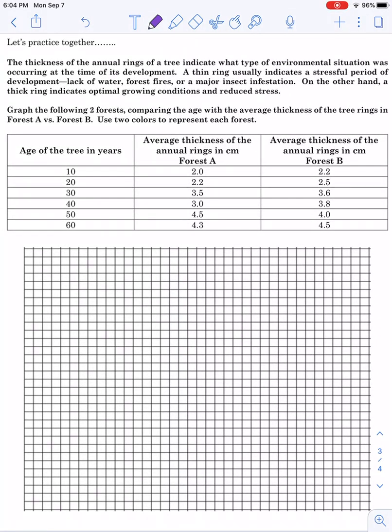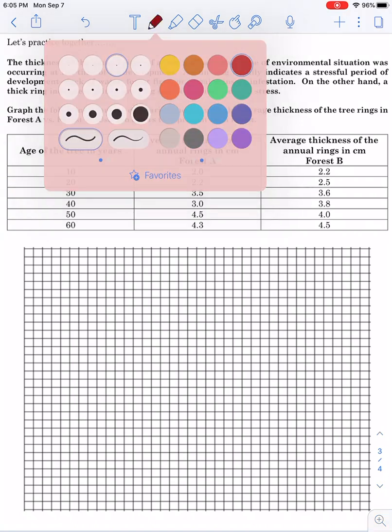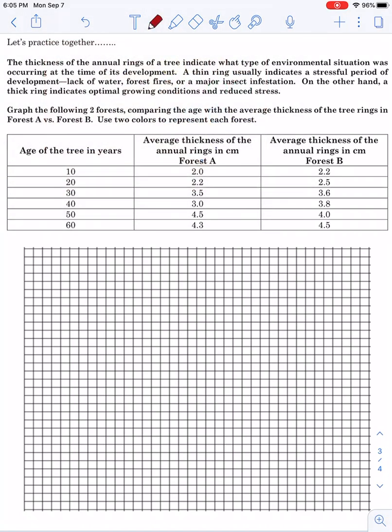Here's a problem, and actually it's two graphs, but I'll come back to that in a second. So let's read the prompt together. The thickness of the annual rings of a tree indicate what type of environmental situation was occurring at the time of its development. A thin ring usually indicates a stressful period of development, lack of water, forest fires, or a major insect infestation.